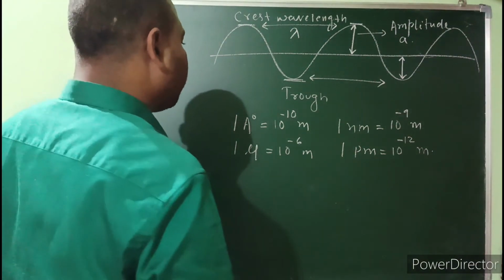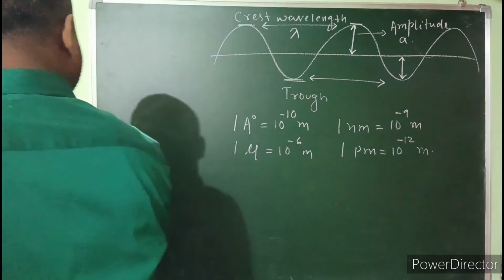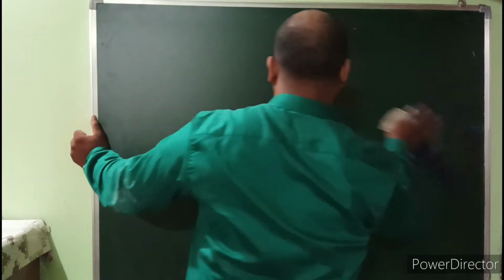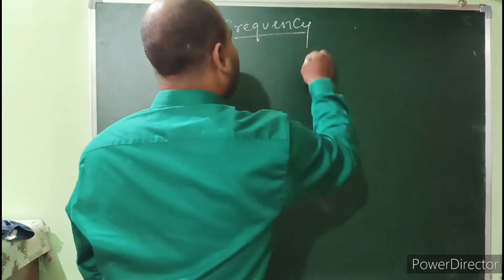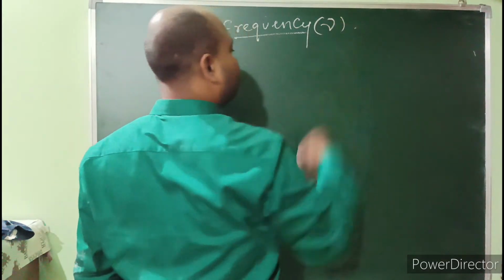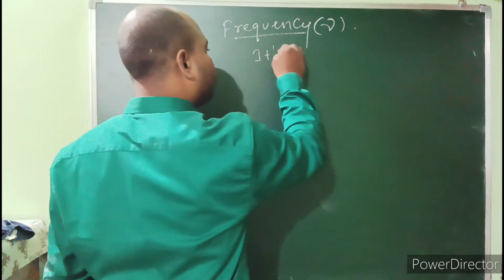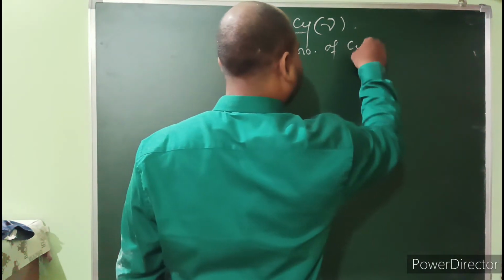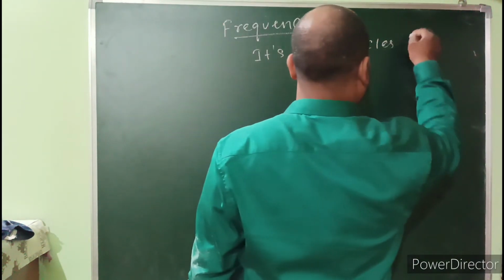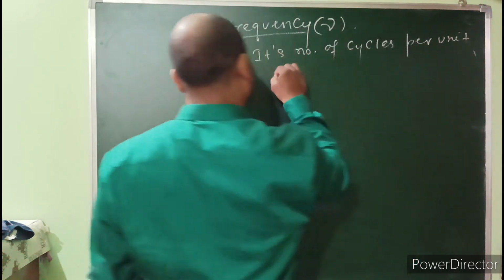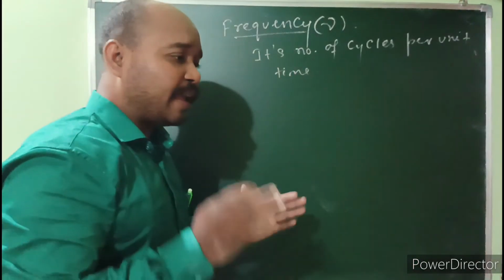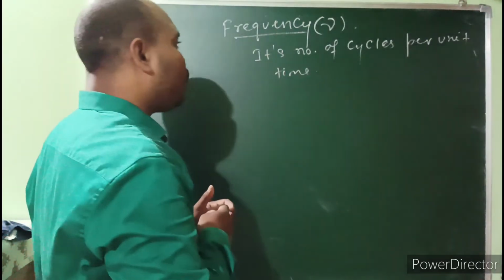Now we will discuss about some other terms. We have discussed wavelength and amplitude. Now we will discuss about the frequency. Frequency is denoted by the nu sign. It is the number of cycles per unit time, that is, how many waves pass in a particular time, that is called number of cycles.